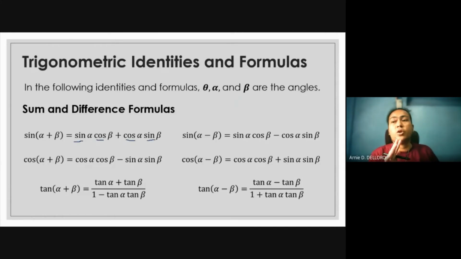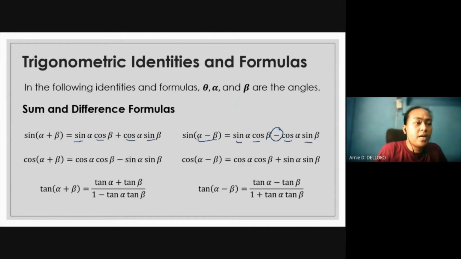Because here we have sin cos cos sin. When the operation in the sine is addition, the operation for sin cos cos sin will also be addition. When the operation of the angle is negative, it is still sin cos cos sin, but the operation is subtraction. Now, it is reversed when we are solving the sum and difference formulas for the cosine.